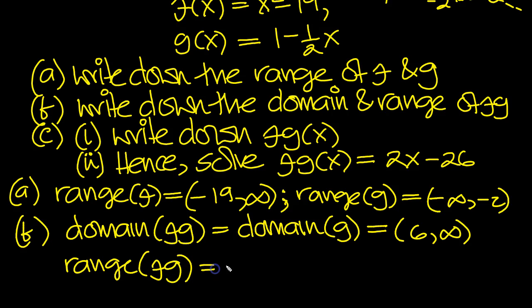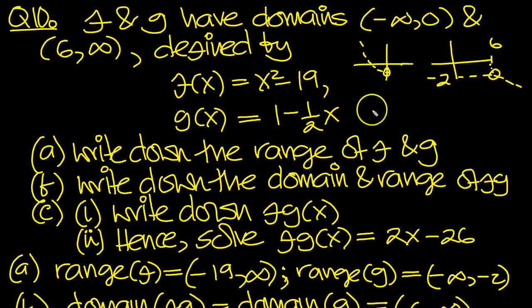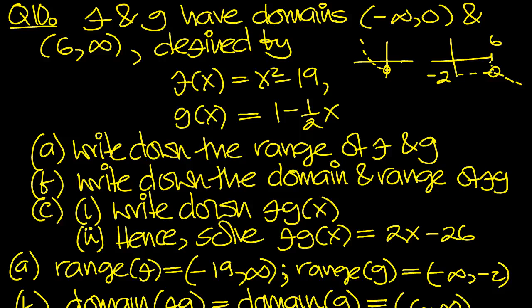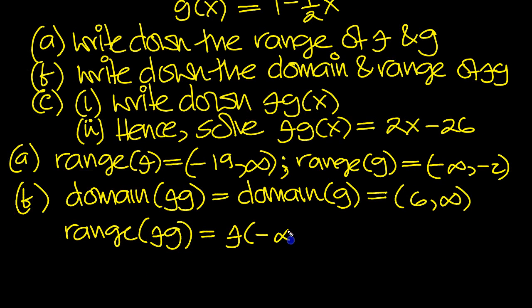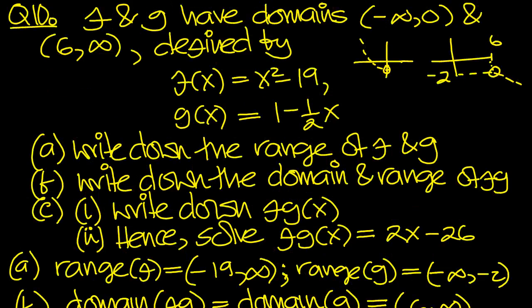And the range of f composite g is equal to f of, now what is the range of g in here? Because it's f of g of x. And what does g of x vary from and to? Well, we said the range of g is minus infinity up to minus 2. So it's f of minus infinity up to minus 2. Let's look on the f plot then.